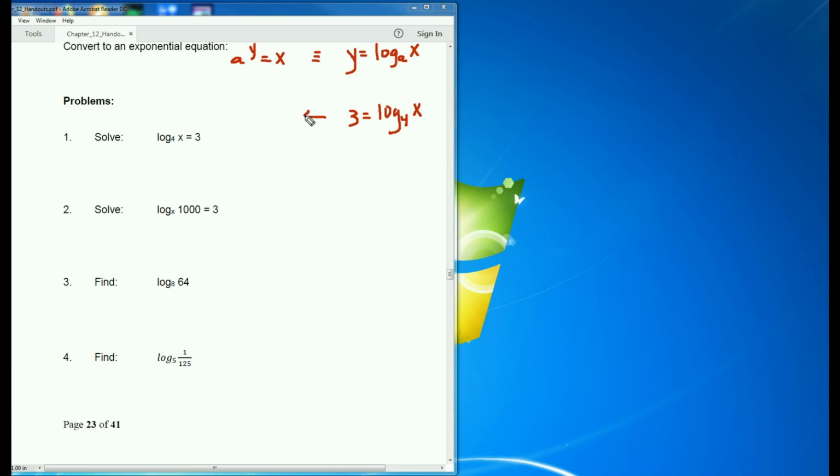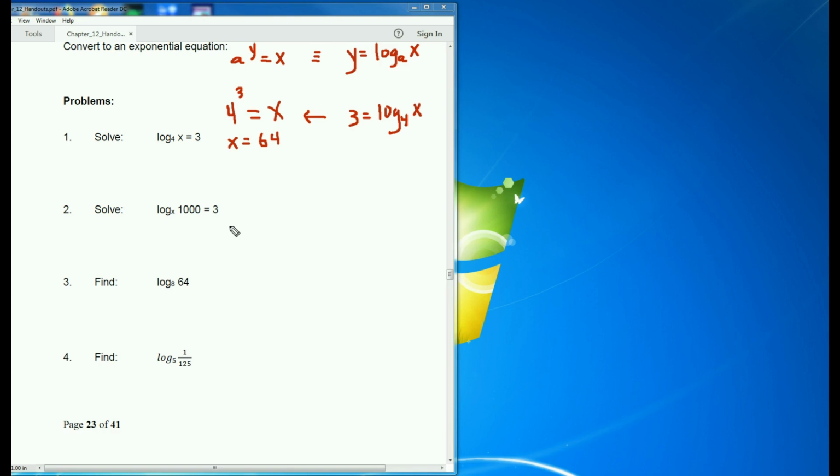And we want to convert that to an exponential equation. All right, so the base of the log is 4. That's going to be the base of the exponential equation. So 4, and then y is 3. 4 cubed is equal to x. Okay, easy. X equals 4 cubed. 4 times 4 times 4 is 64. So in other words, x equals 64.